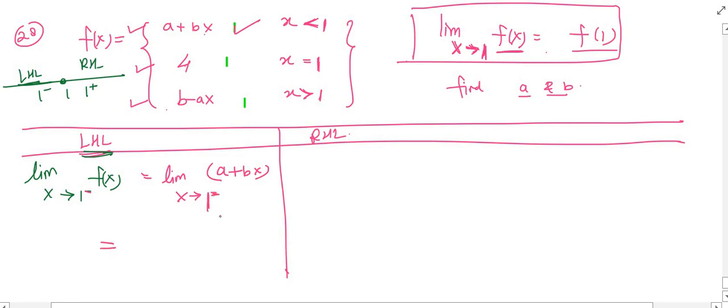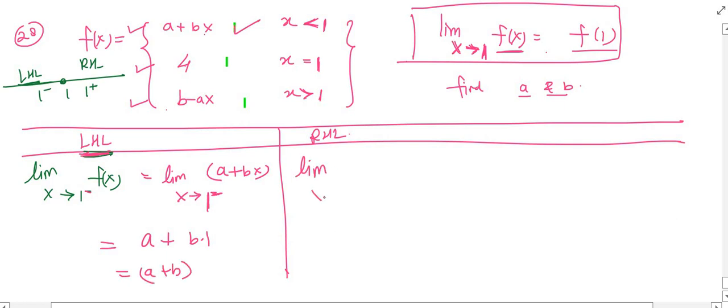See, 1 minus is just a fancy notation to show that x is almost 1. Not exactly 1, but almost 1. Approaching from the left hand side. To solve it, we have to put x is equal to 1 directly. a plus b into 1 is a plus b. So this is the left hand limit.